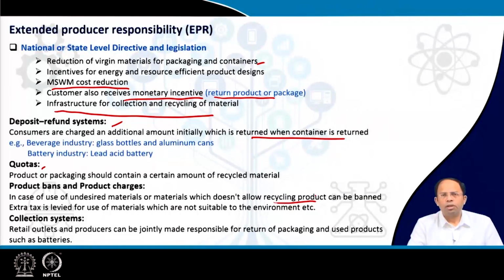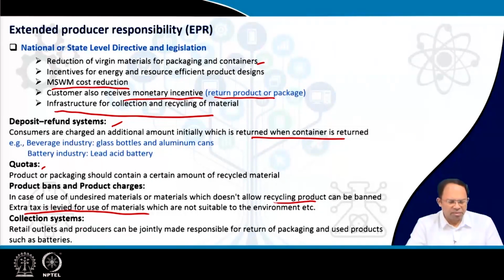So in that case, we can actually ban it. Or in another way, if I cannot ban it immediately because there is no alternative supply, and there are economic issues and production issues, then instead we can charge some extra tax if this material is not suitable for the environment. So either you can deter by charging extra tax, or you can ban it altogether, right?